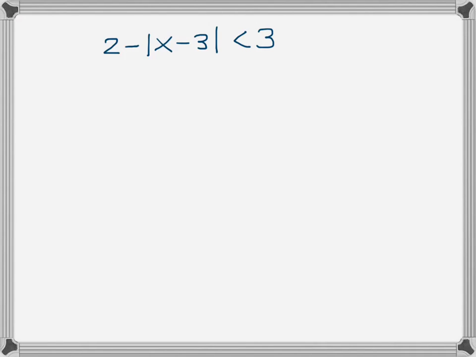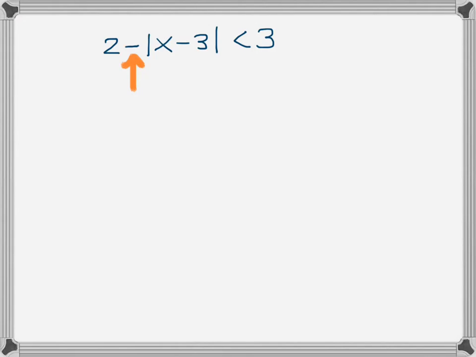If you look at this example first, it looks like it's the first case where we have an absolute value less than a number, right? But the truth is, I have this negative here that's making a big difference on this inequality.